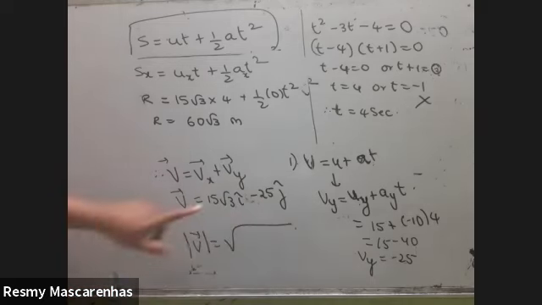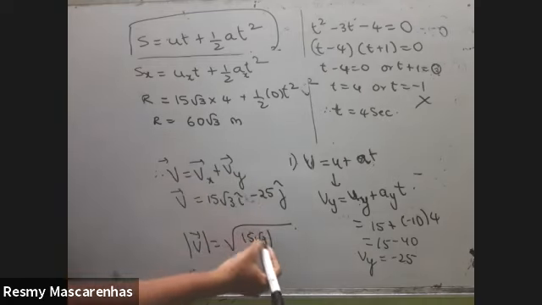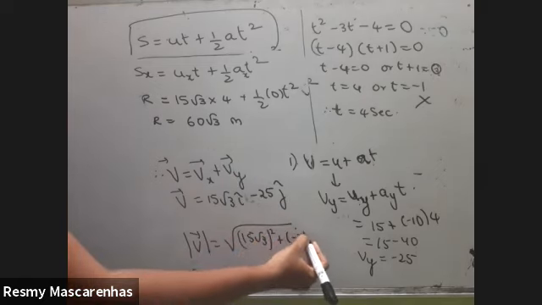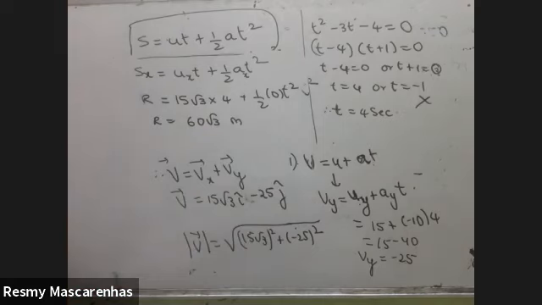This is in vector form. This is the actual value, or also called as speed. This will be 15 root 3 the whole square plus 25. And then you calculate.